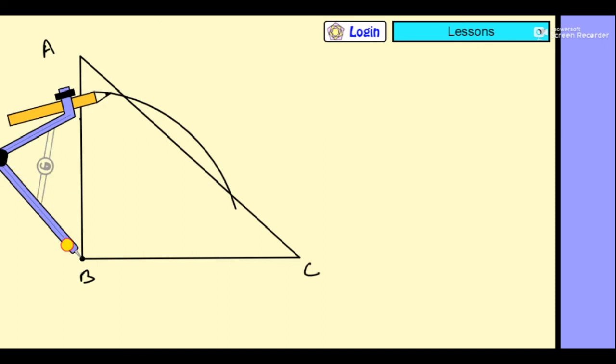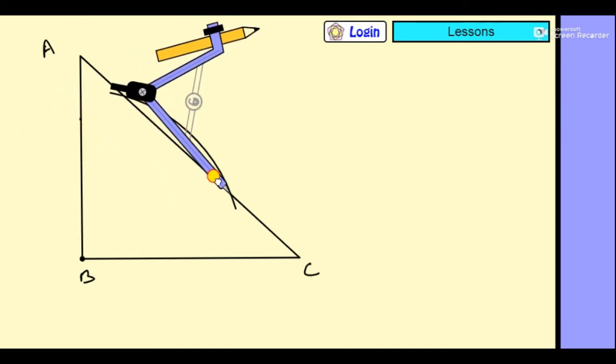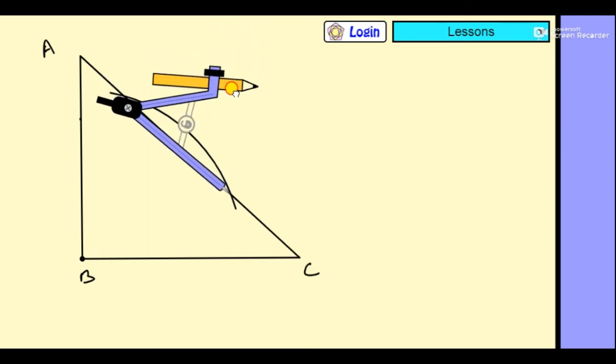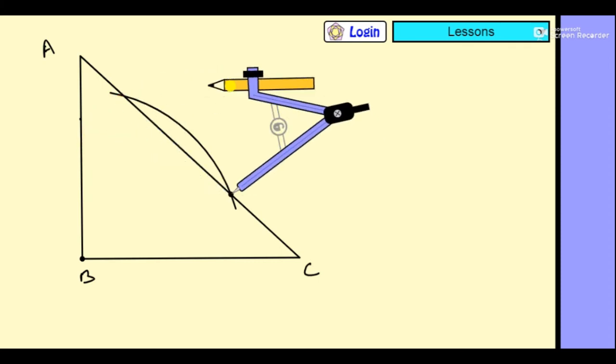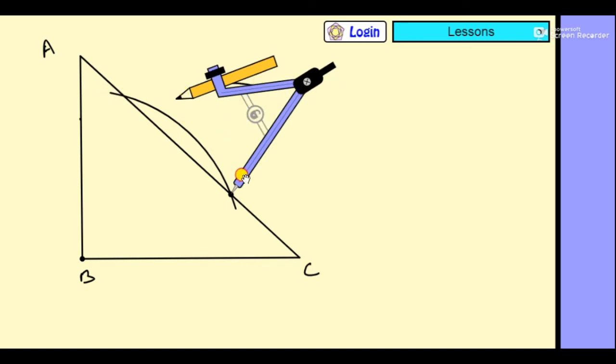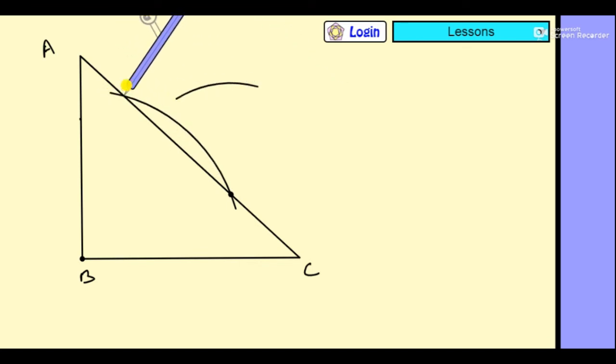Once again, take the roundel from here and take a smaller distance, and draw an arc like this, and once again here. Now make an arc.